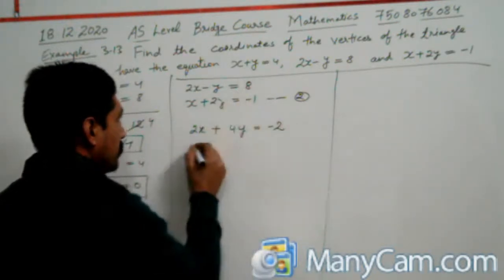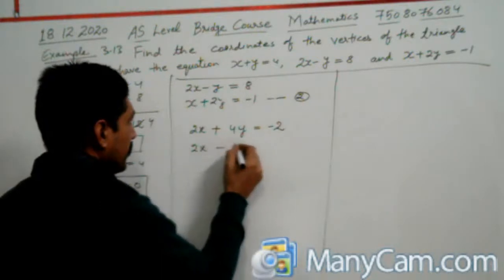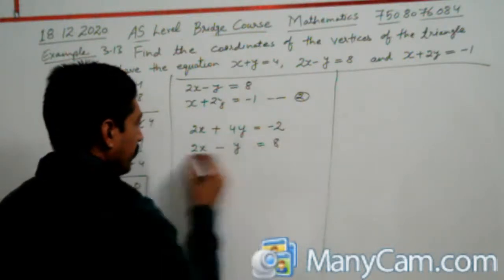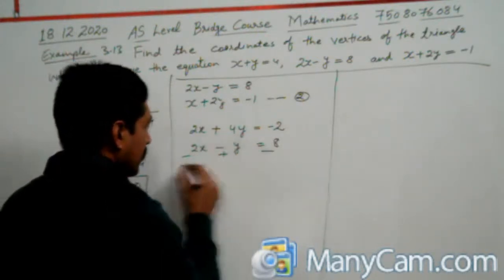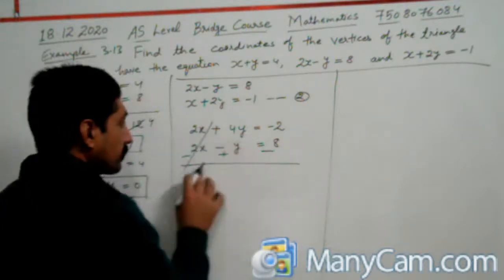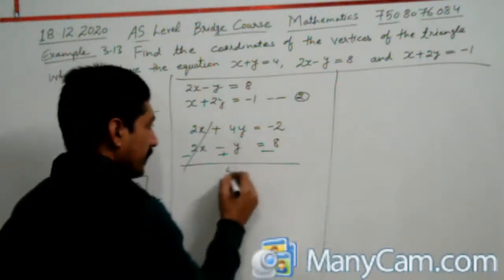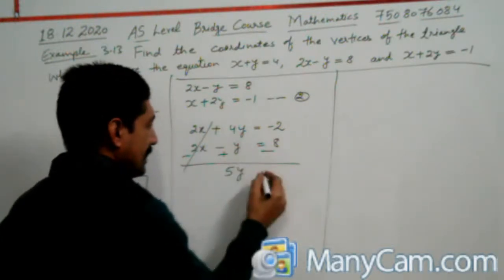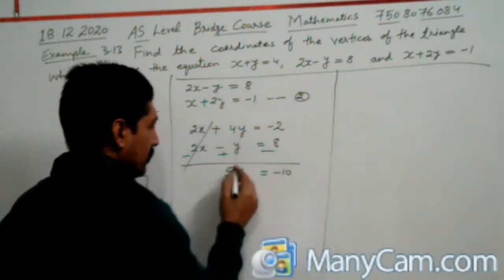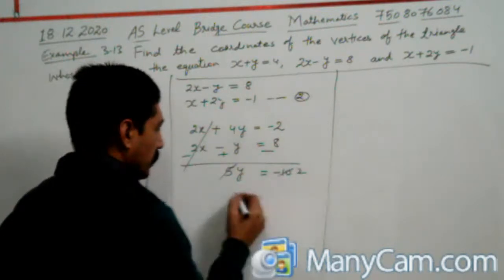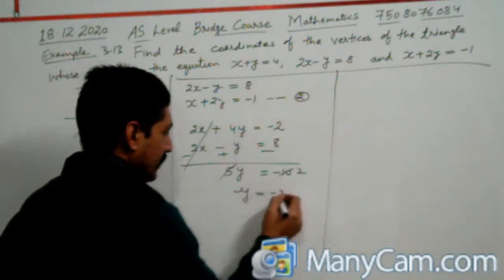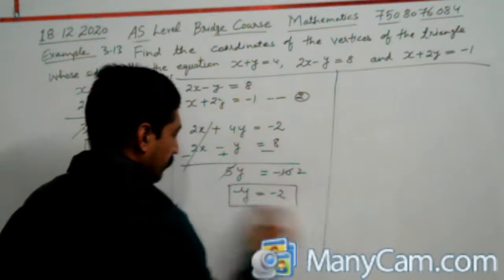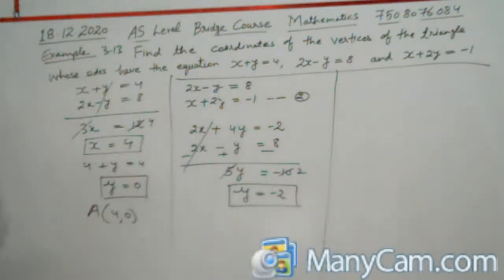And the first equation is 2x minus y is equal to 8. Subtracting, we have 5y is equal to minus 10, so y is equal to minus 2. If y is minus 2, what is x?